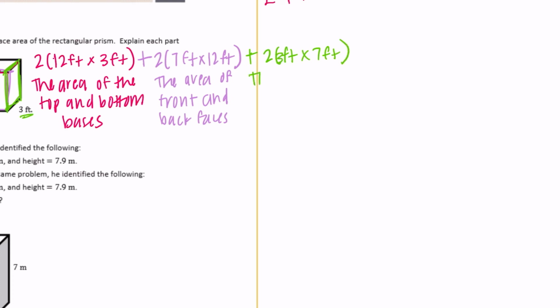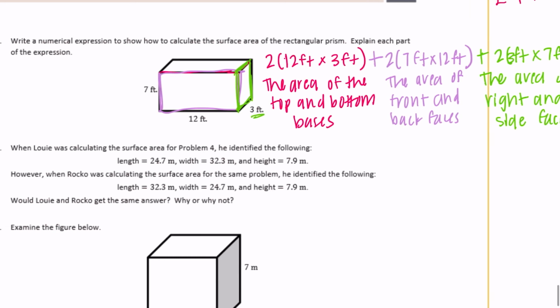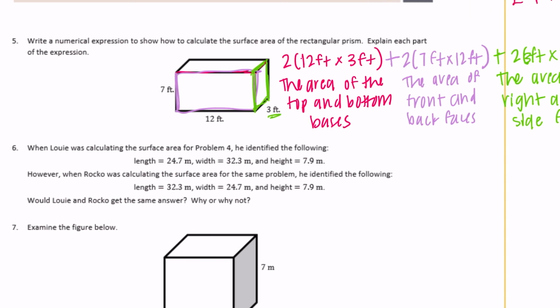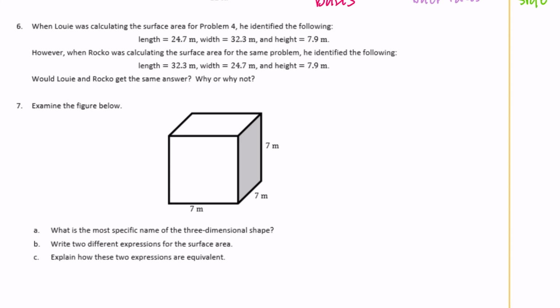So that's the area of right and left side faces. Does it say we need to solve? Write a numerical expression, how to calculate the surface area, explain each part. I think we did it. All right. Number 6.